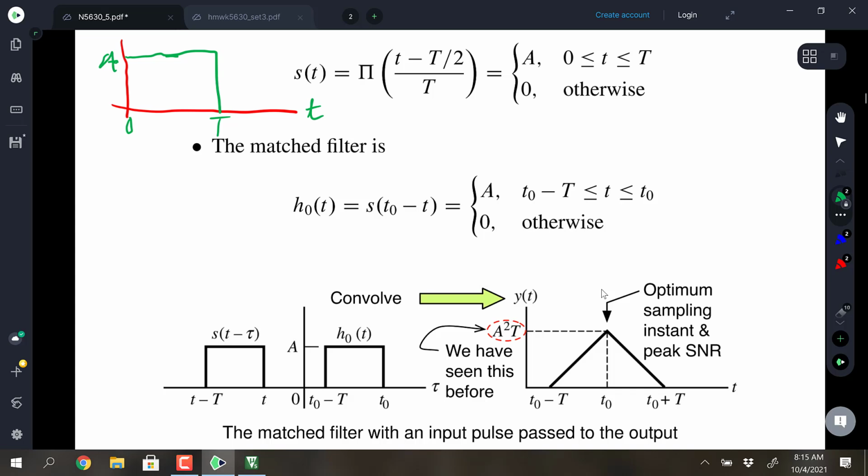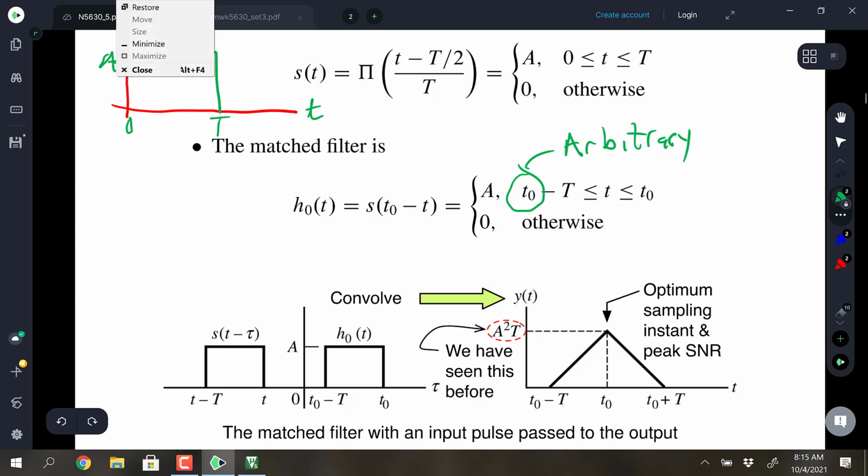T naught is an arbitrary offset just to ensure causality. And then we get the output, which is the triangle shape.